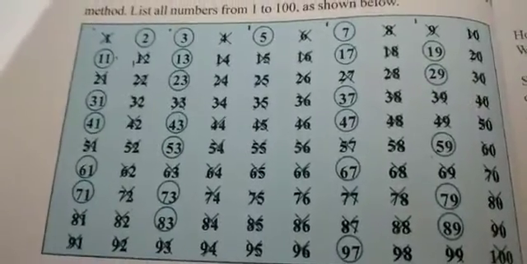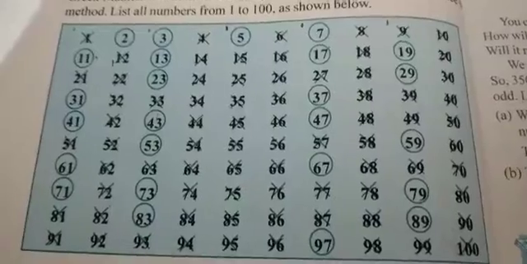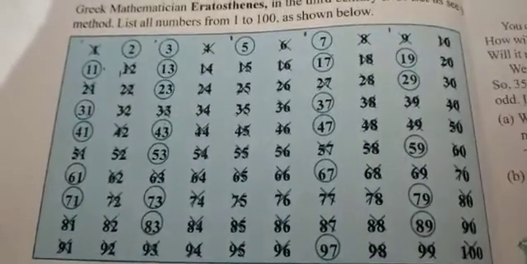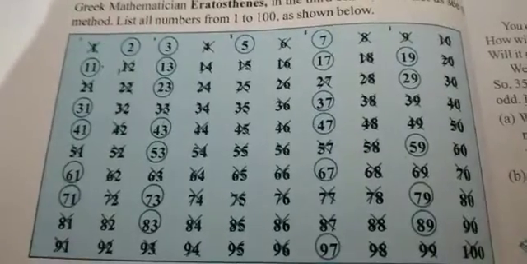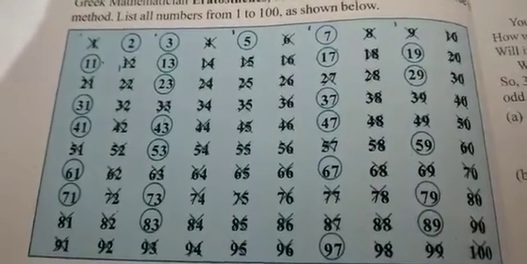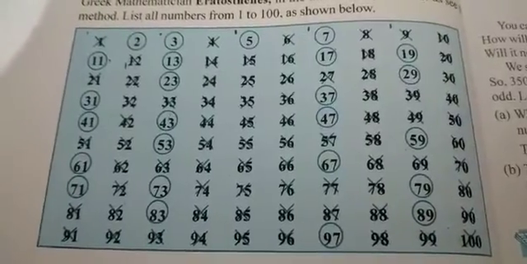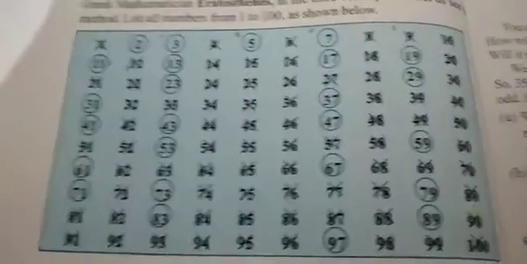Okay, see here, how would you sort out? First and foremost thing is you first cross out number 1, because 1 is neither a prime nor a composite. So we strike off 1 first.